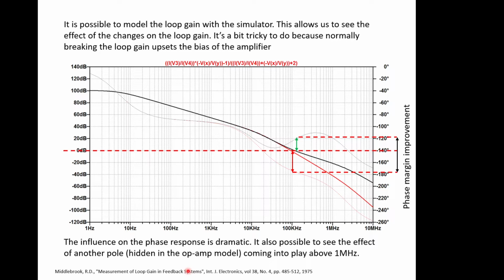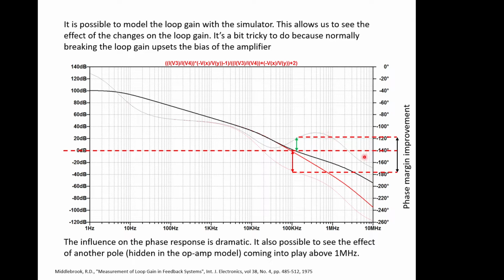Obviously people don't think it's that important, but if you can model the loop gain directly, you can start to look at the phase margins and the gain margins directly, and you can see here the phase response of the loop, the black dotted line, hope you can see that.